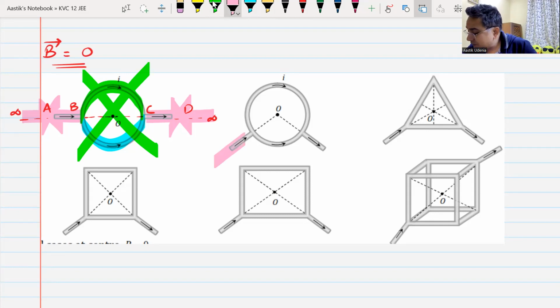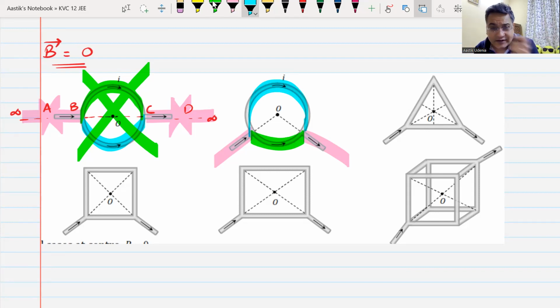Okay. You might face problem in the second one. Now, second one, this pink wire and this pink wire, they are passing through the center O, so the magnetic field is zero. We understand this? Yes, sir. There is a small confusion that may come in this green wire and in this blue wire.